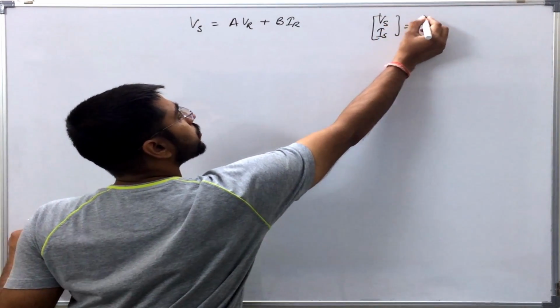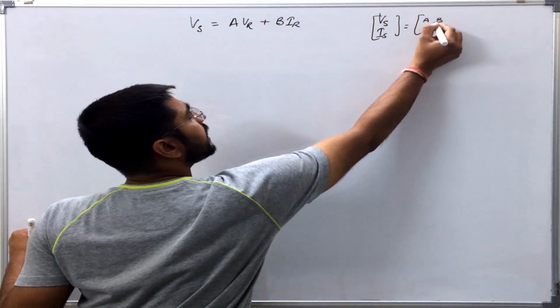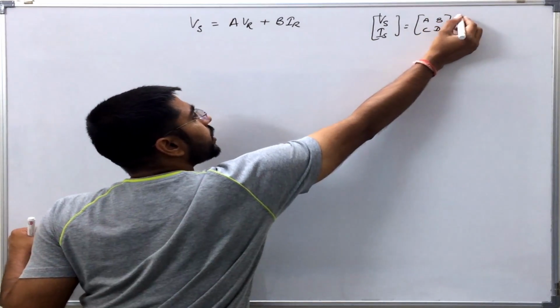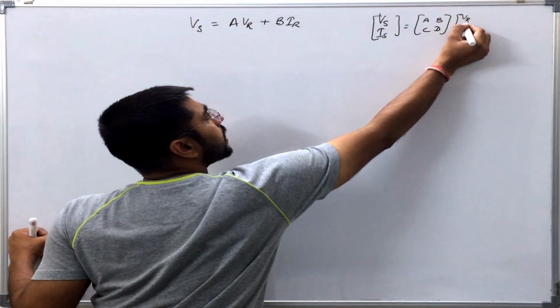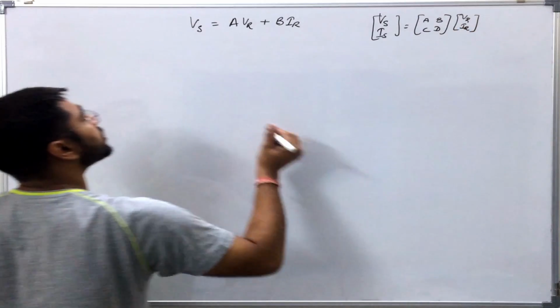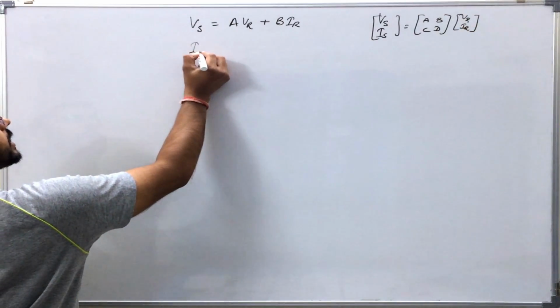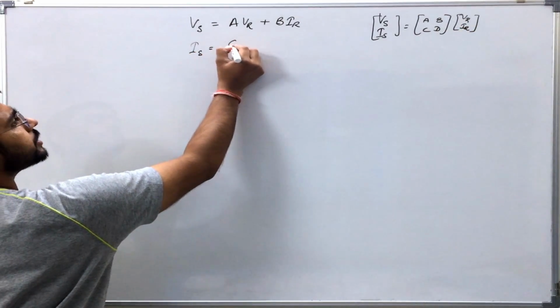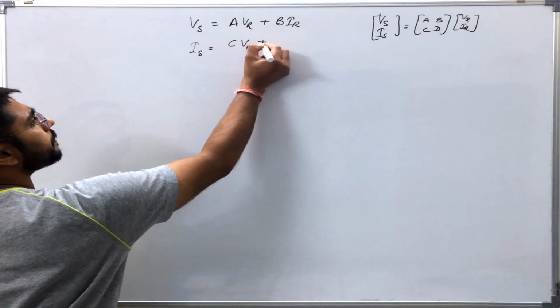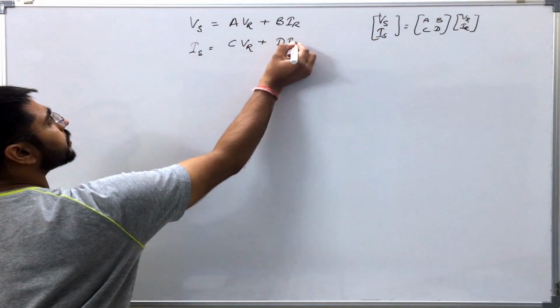[Vs Is] is equal to [A B; C D] into [VR IR]. Similarly, Is is simply C VR plus D IR.